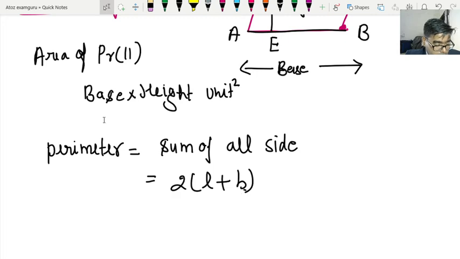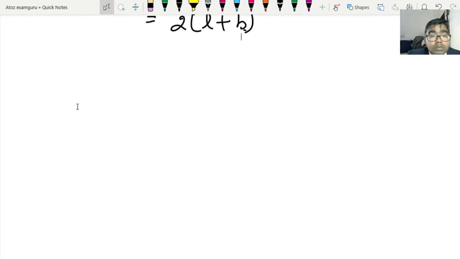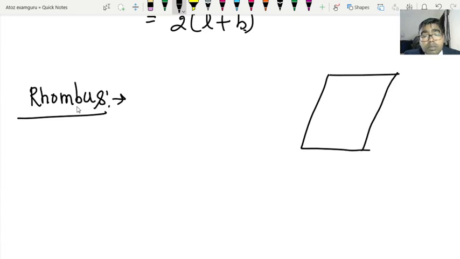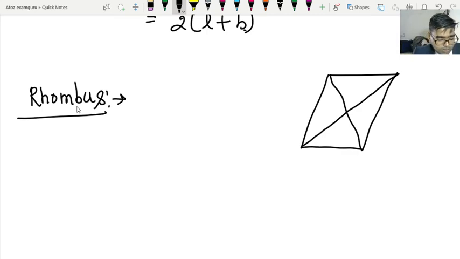So come to the rhombus. All sides in a rhombus are equal. Let me draw the diagram once again.